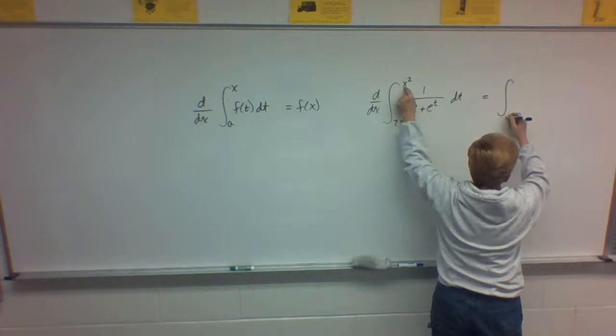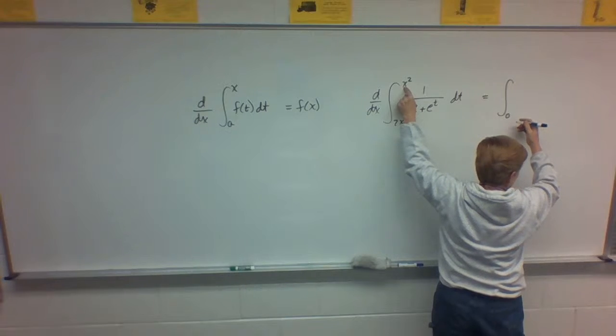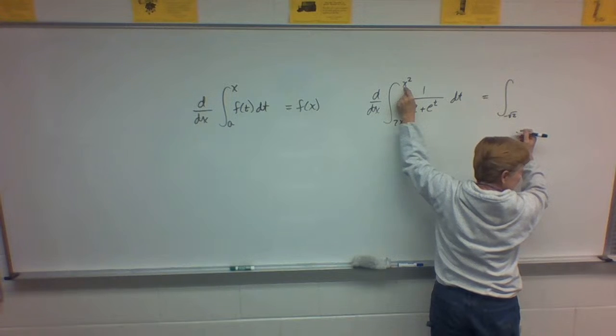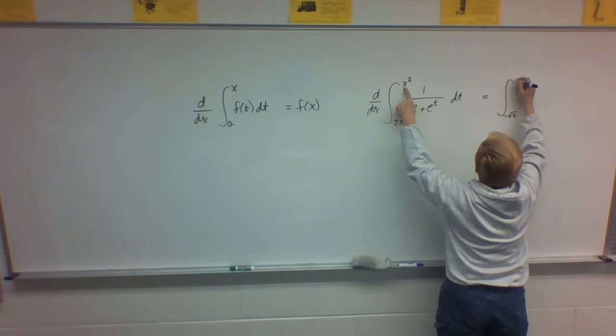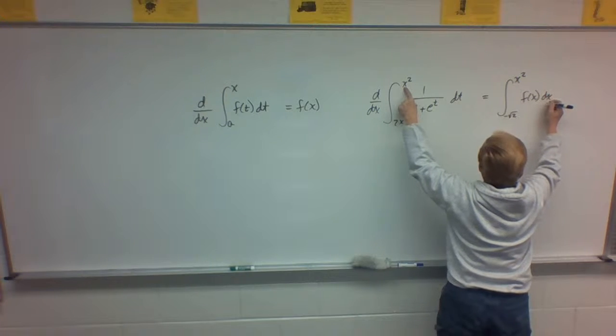It doesn't matter. I'm going to choose 0. Negative root 2, okay? To x squared. I'm just showing you it doesn't matter, of f of x, which I'll bring back in a minute, dx. I better use t's just so I don't confuse you too bad.